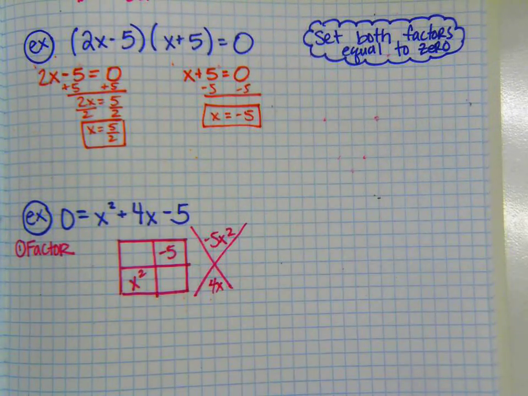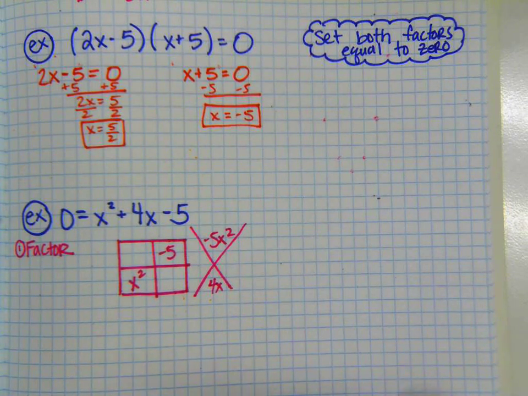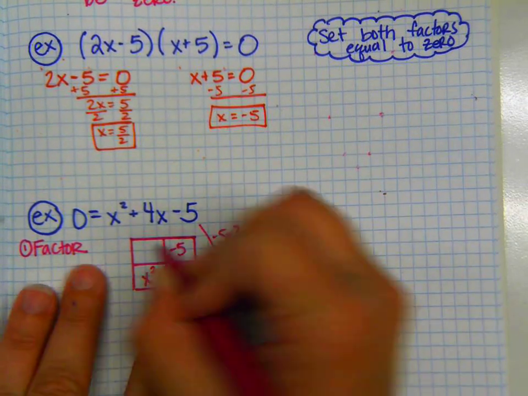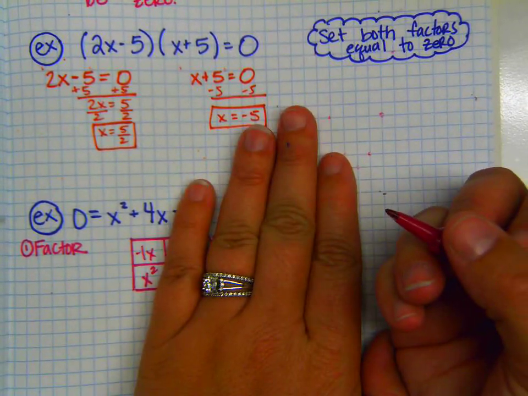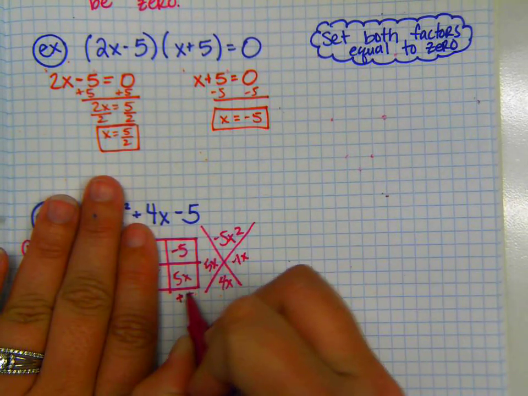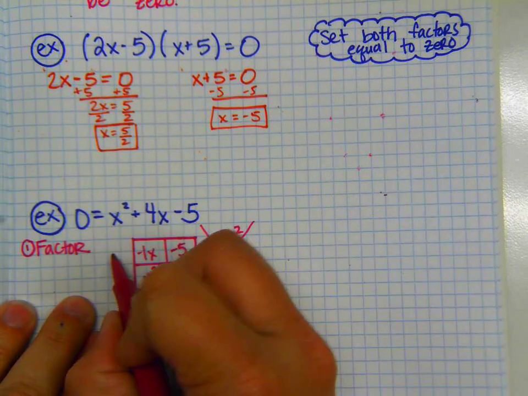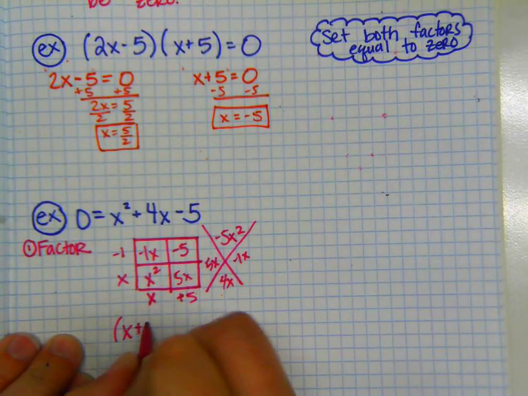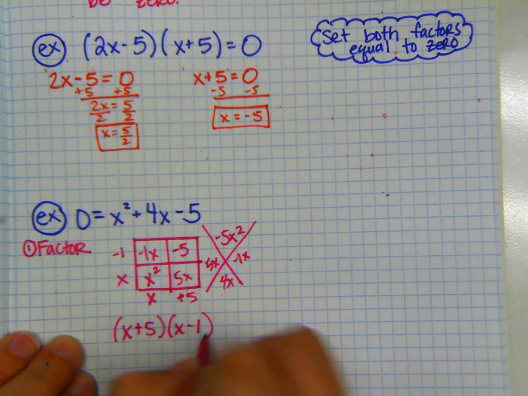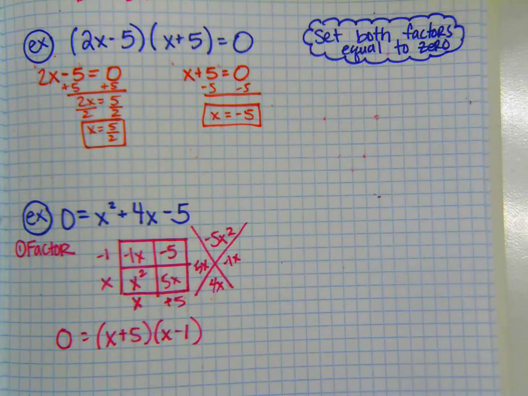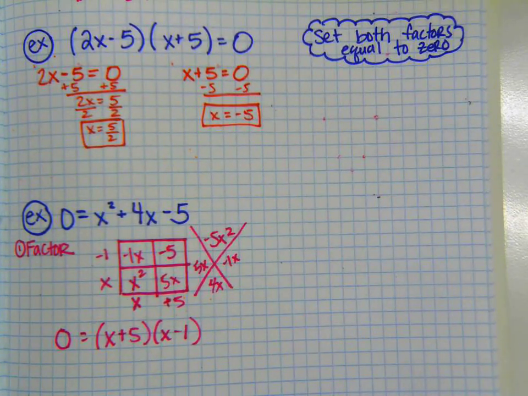So multiplying to negative 5, adding to 4, that'll be a 5x and a negative 1x. x squared and negative x have an x in common. 5x and negative 5 have a 5 in common. So our factors are x plus 5 and x minus 1. But we can't forget to pull down that 0. Because that's important. That tells us that we need to use zero product property.